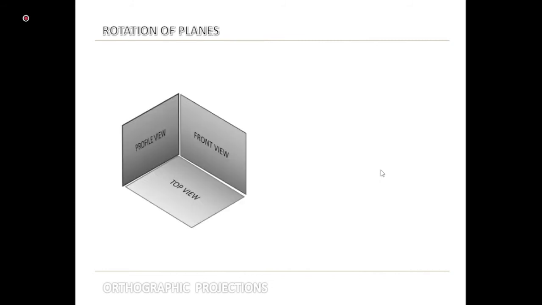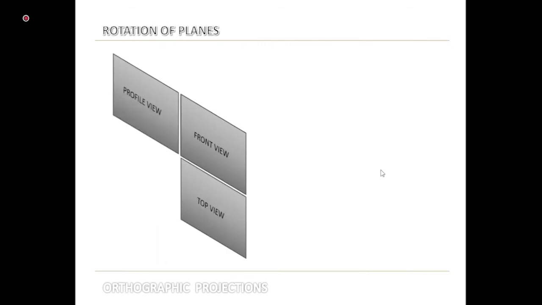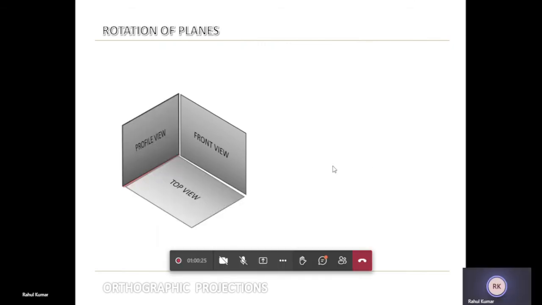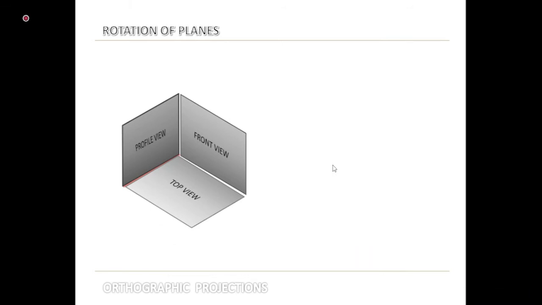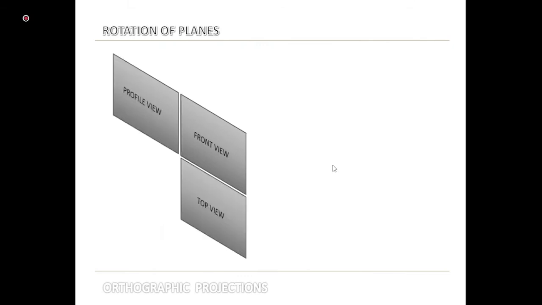Let's see rotation. So this was the question, that though we have drawn the projections, it was still not a two-dimensional drawing. So how do we go about that? Now let's see. What we do is we open the planes. See here, the front view remains there, or I can say the vertical plane remains there, and we move the top view and profile view like that.